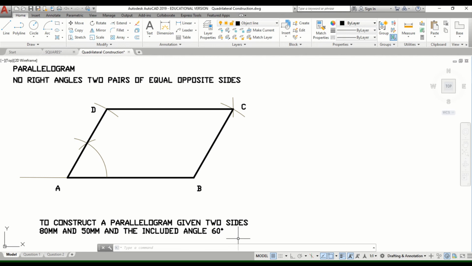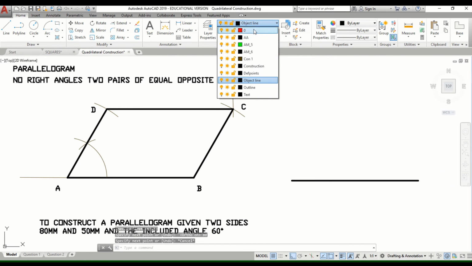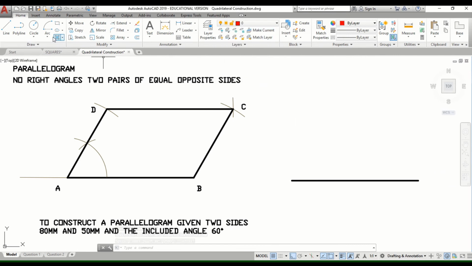So to begin with, we go to the line tool, and we start with our first line. In this case, it will be 80 millimeters. Let's put on auto to make sure it's horizontal. 80, enter. The next thing we will do is construct that angle of 60 degrees.